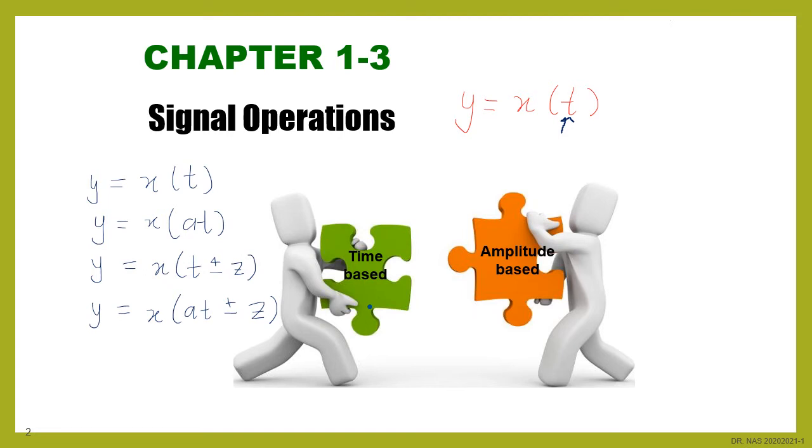And for an amplitude-based equation, you notice there are additional parameters outside the bracket, for example, y equal to a x(t), or maybe y equal to a x(t) plus minus c. So there are no changes inside the bracket.